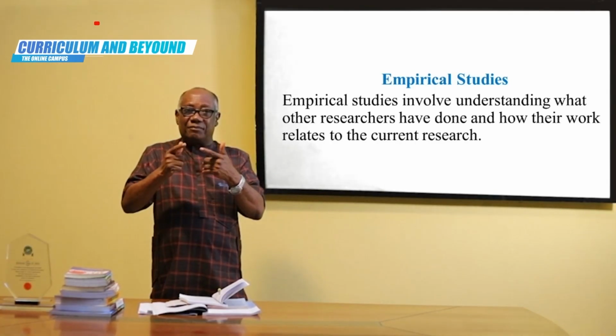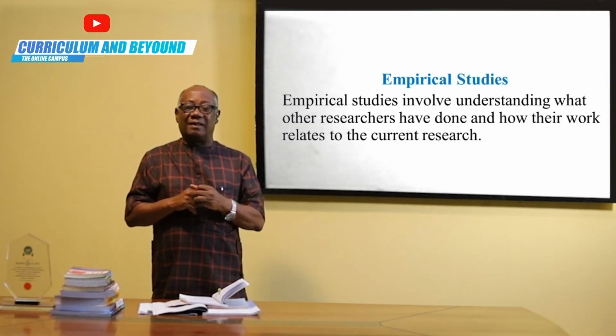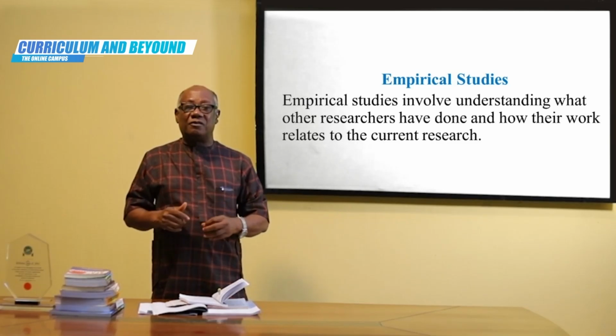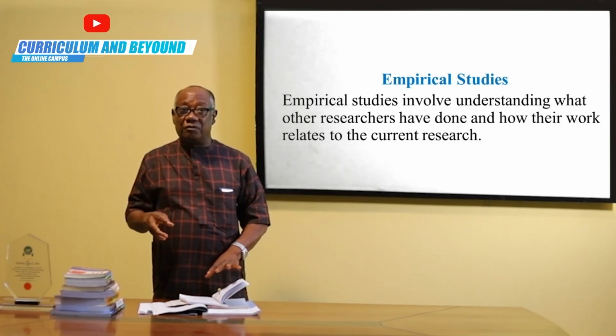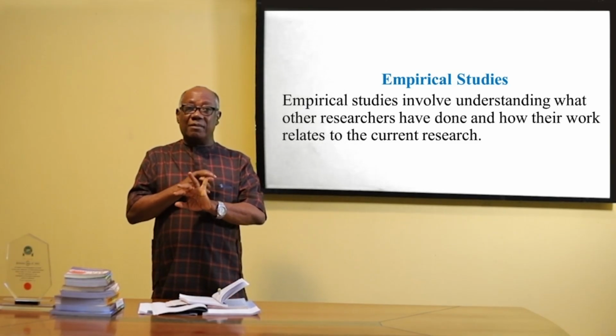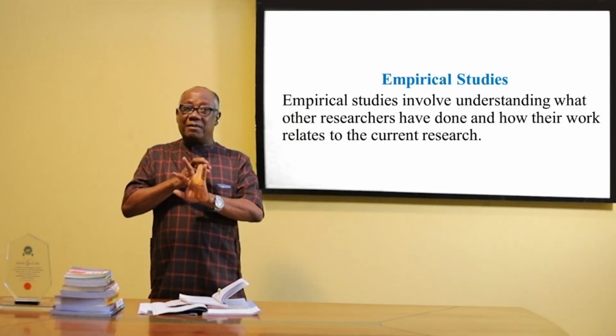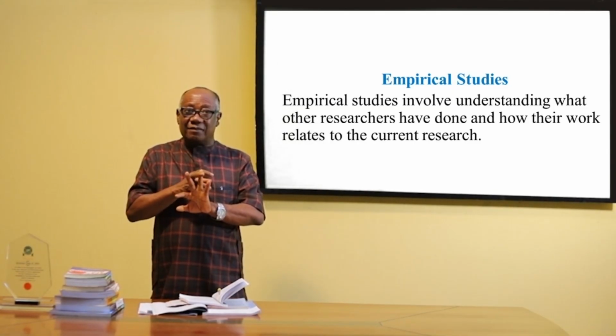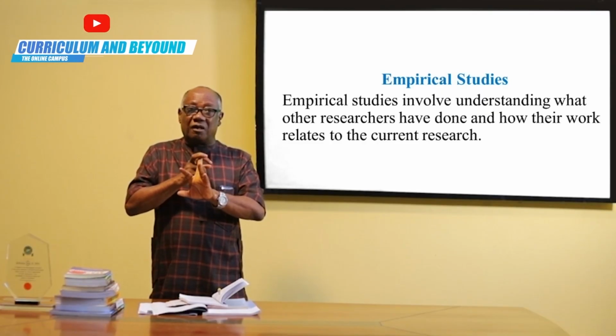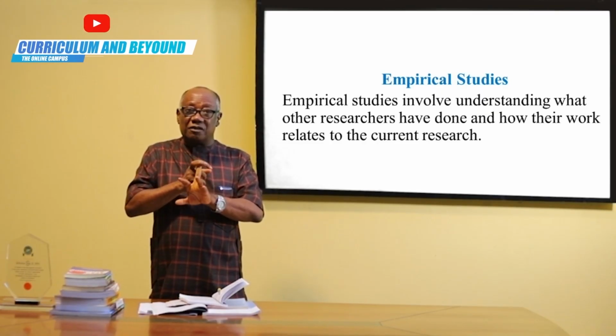Now let me recap this because of the necessity. I say when you report literature, empirical literature review, you should mention the name of the author, the year of publication, the problem he investigated. Tell us the population that he used for the study.